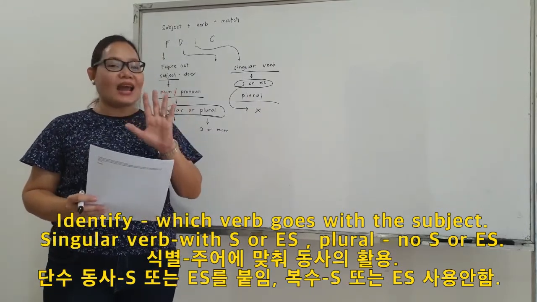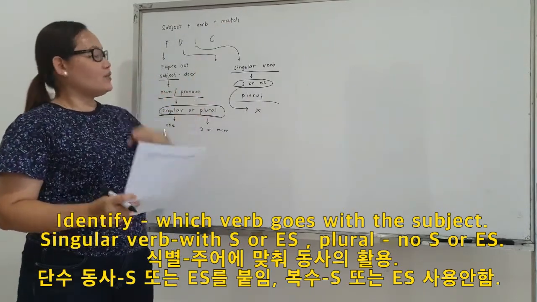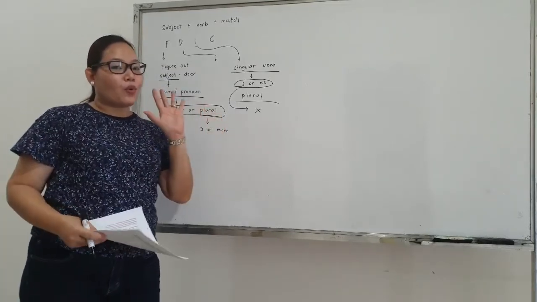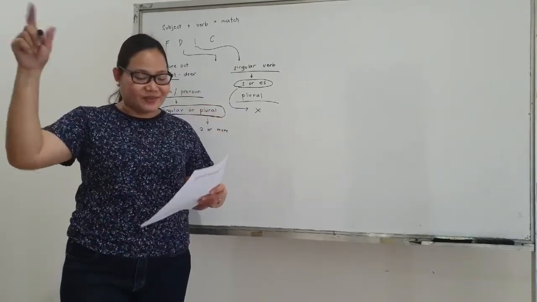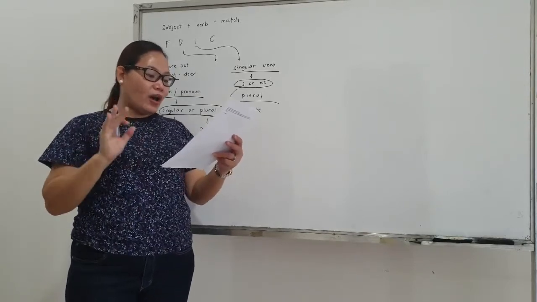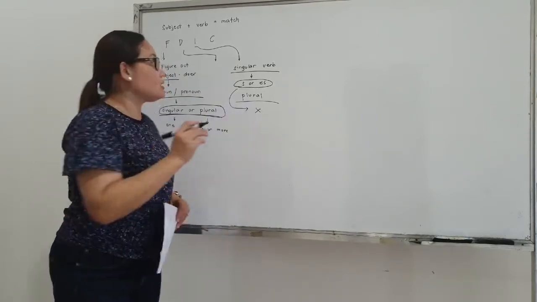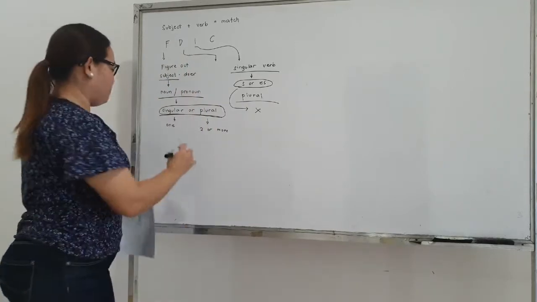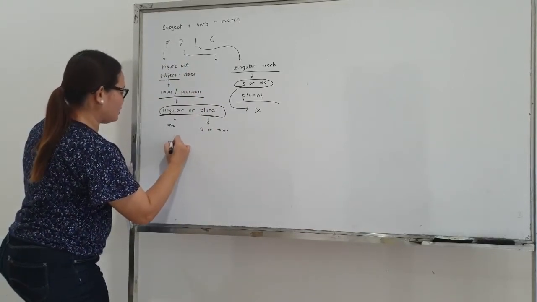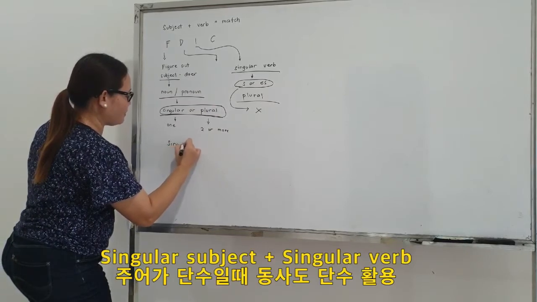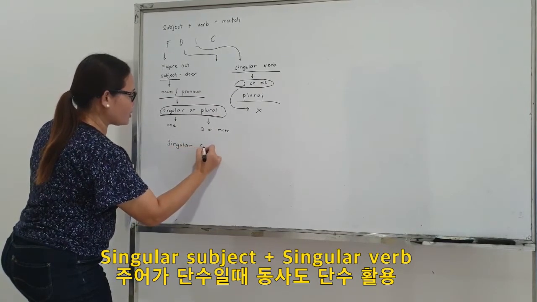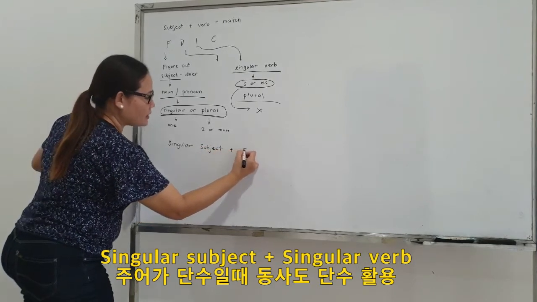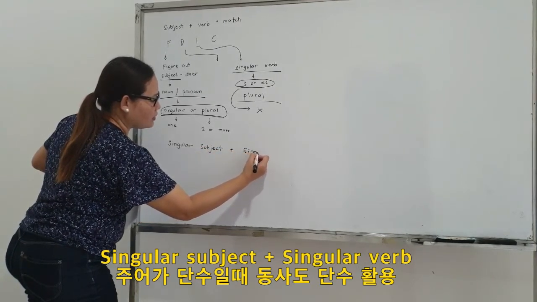Okay, and the last but not the least is of course your C. So when you say C, it goes for the word check. Okay, so you have to check whether the verb matches your subject. Okay, so again, you have to remember this is the very basic rule. Singular subject plus singular verb.